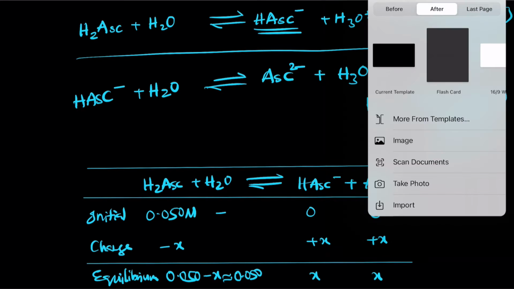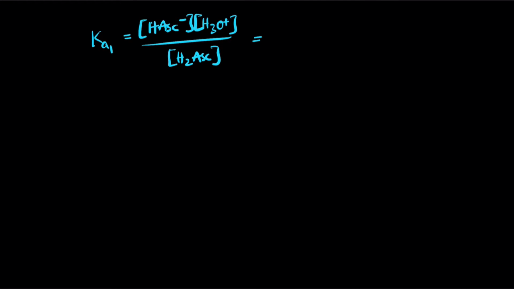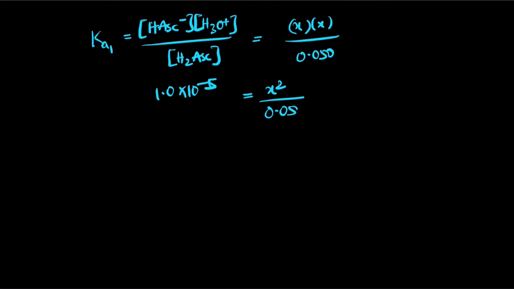So using the Ka1 formula, HASC minus times H3O plus over H2ASC becomes x times x over 0.050. Ka1, 1.0 times 10 to the power negative 5, equals x squared by 0.050.